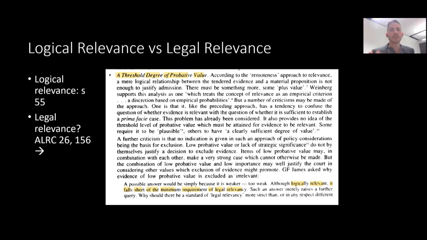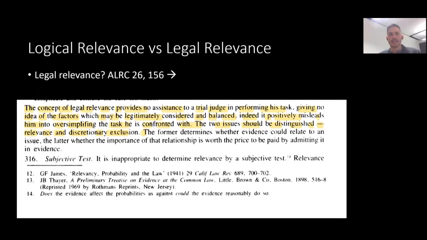But the Law Reform Commission says there is this notion of legal relevance, which suggests that evidence can be deemed relevant if not that it has zero probative value, but it must have some minimal threshold amount to be relevant. So something perhaps above zero, depending on the case.